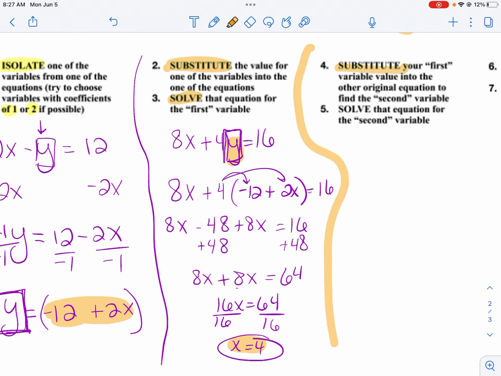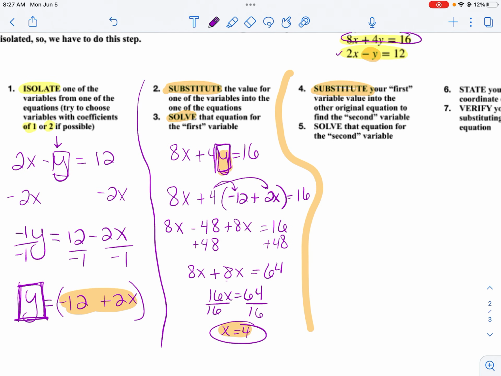And now we're going to substitute again. So I'm going to take x equals 4, and I'm going to put it back into one of the original equations. Your other alternative is to put it back into this equation you created. Because y has been isolated, that's actually a little bit easier for me. So I'm going to go ahead and try that.